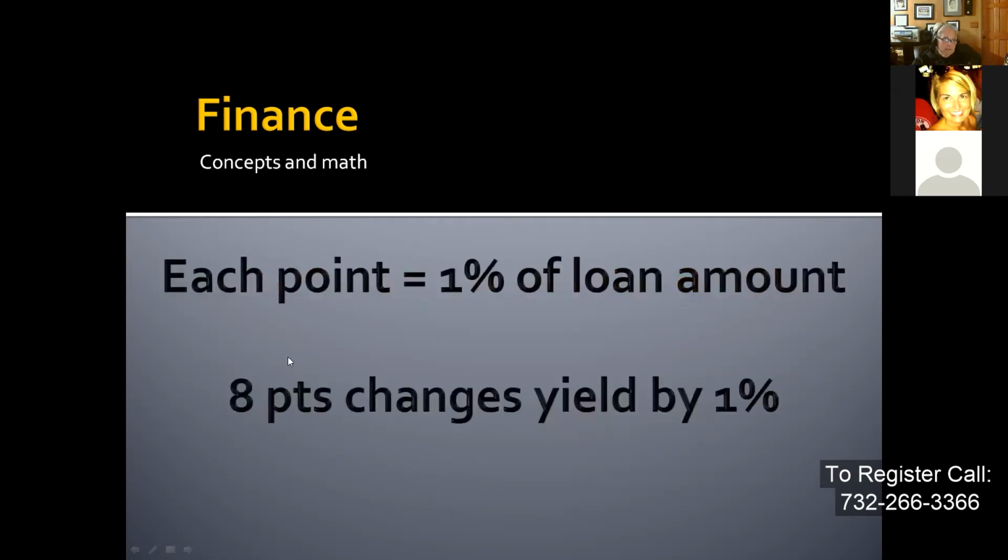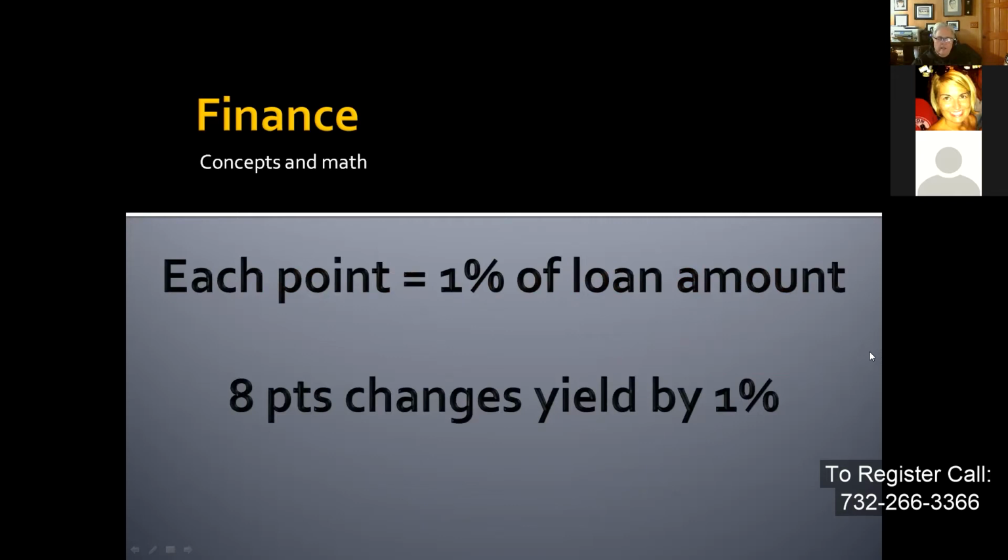The next thing is points. Points are something that nobody really understands, but they're really just extra prepaid interest that you pay in advance, money that you pay in advance to have the privilege of borrowing money. And each point is 1% of the loan amount. And they always try to trick you because they're going to give you a question and they're not going to tell you the loan amount.